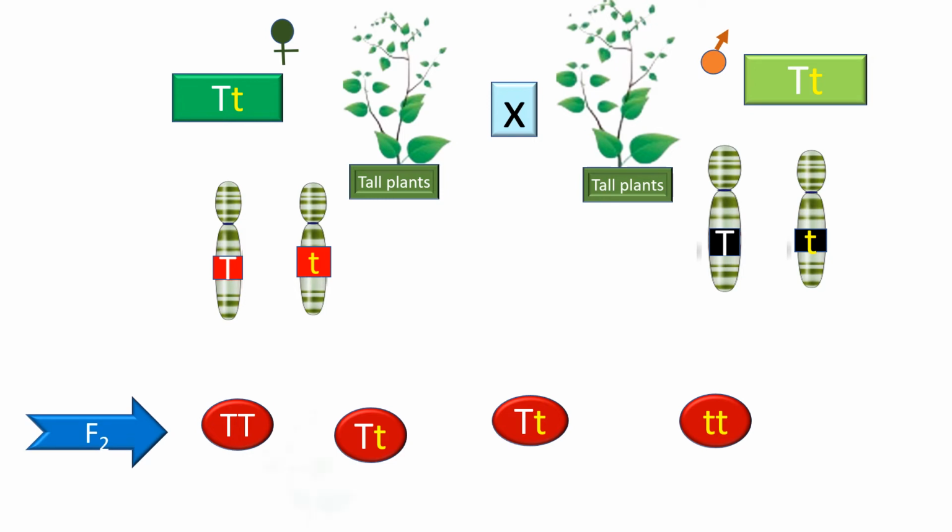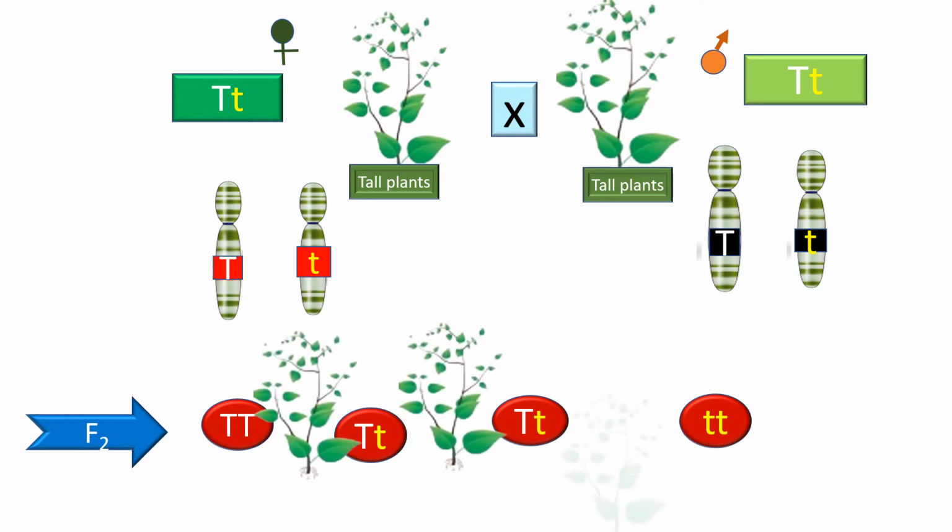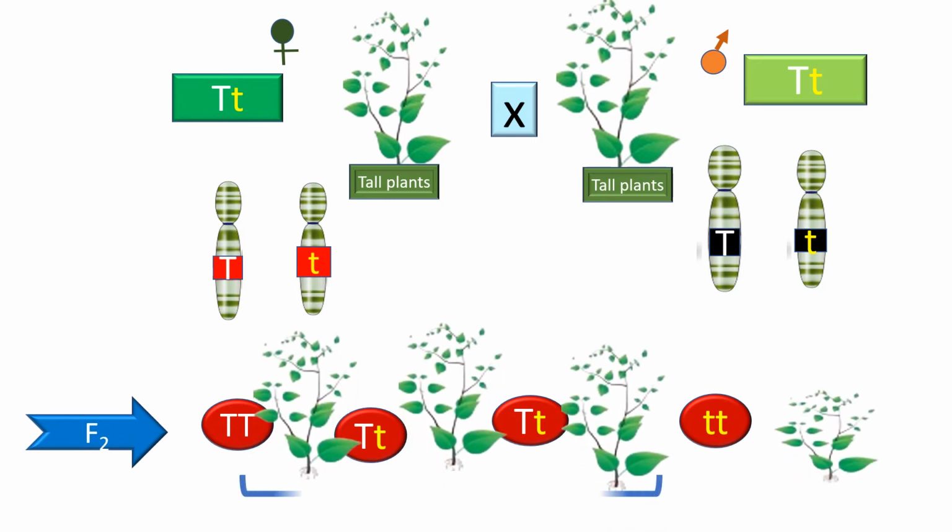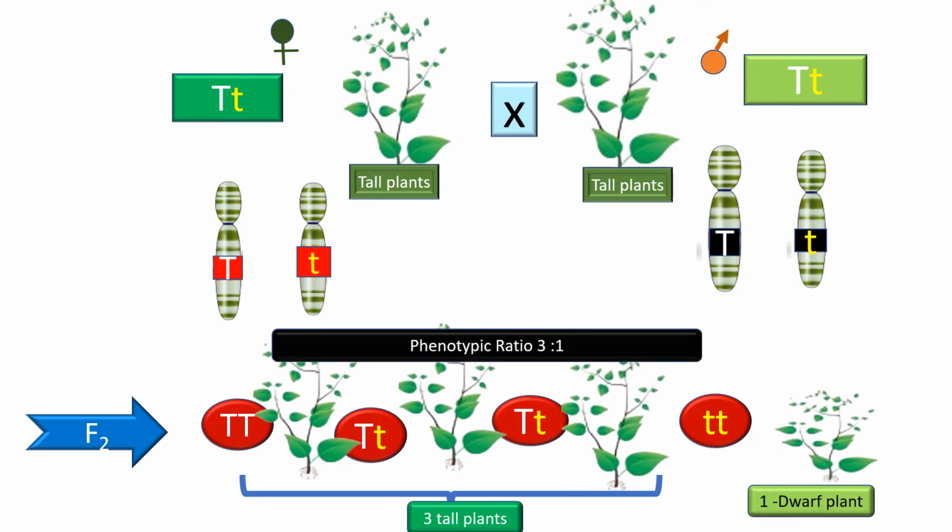F2 generation. 3 tall plants, 1 dwarf plant. Mendel got 2 phenotypes, tall plants and dwarf plants, with a 3:1 ratio for the F2 generation.